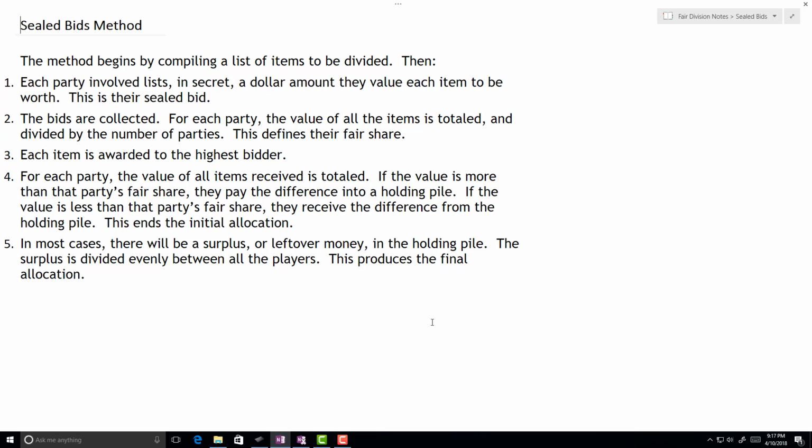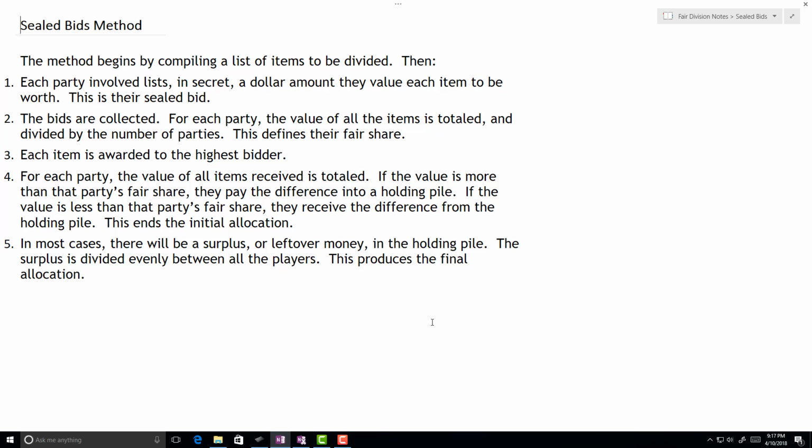Now, after every item is allocated, a person might get a fair share, they might not get a fair share, based on what they received from their bids. So if they've gotten more than a fair share, they'll pay the difference between what they view as a fair share and the value they have into a holding pile. If they got less than a fair share, then they'll get money out of the holding pile.